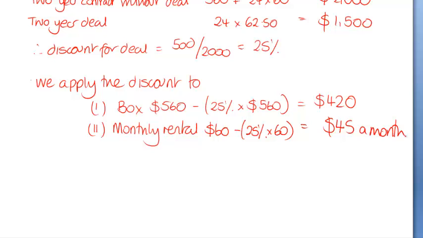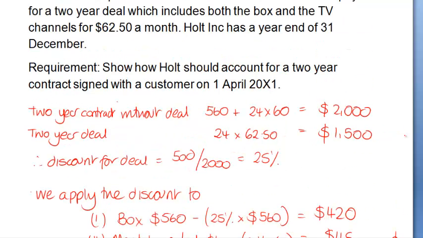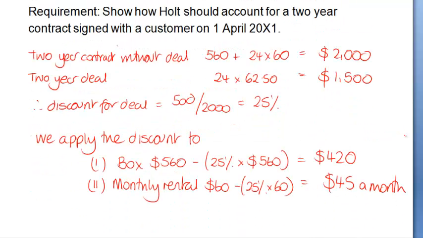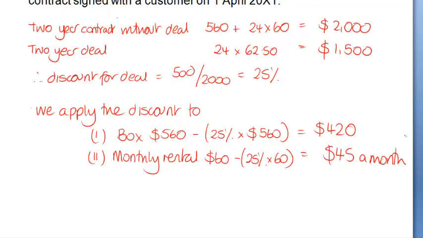So if we get somebody to sign up for the deal and we've bundled the whole thing together, we've got to then separate it out on a percentage basis. So it says, how should Holt account for a 2-year contract signed with a customer on the 1st of April X1?